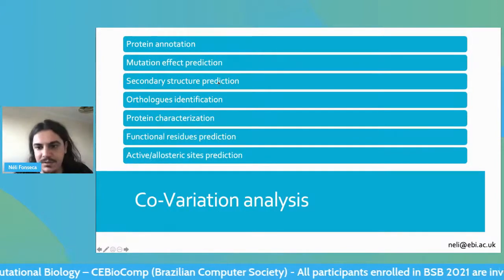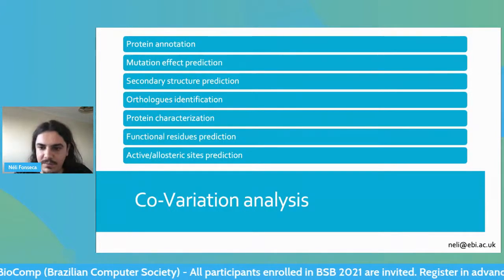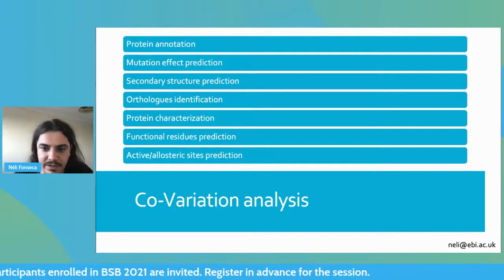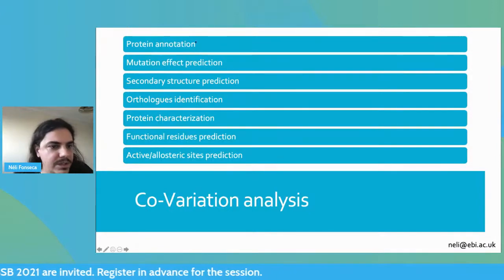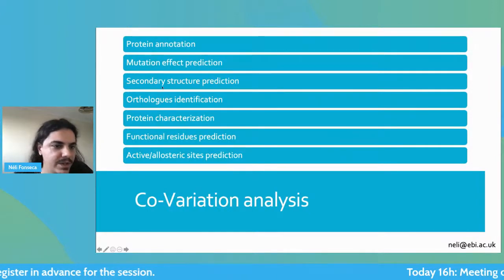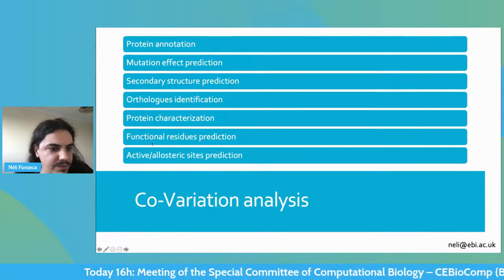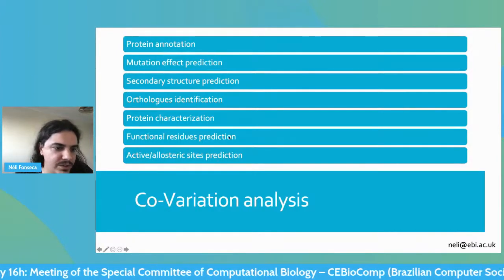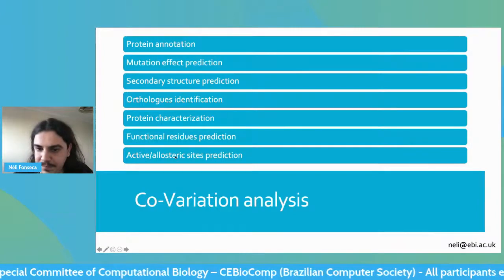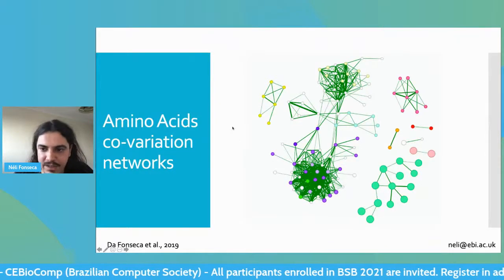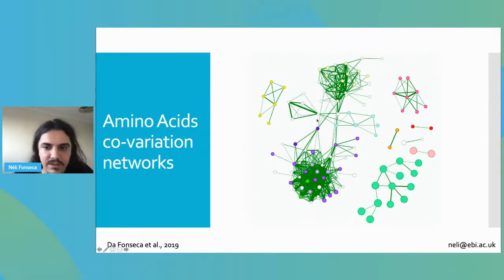Due to these characteristics to find specificities in alignment, covariation analysis can be applied in many problems like protein annotation, mutation effects prediction, determination of secondary structure, orthologous identification, protein characterization, functional residues prediction, and prediction of active and allosteric sites. And when we link each pair of residues by their tendency of co-occurrence, we have what's called the covariation networks, the amino acid covariation networks.